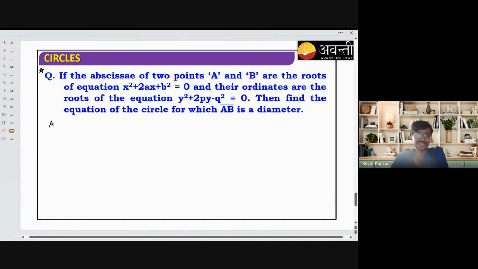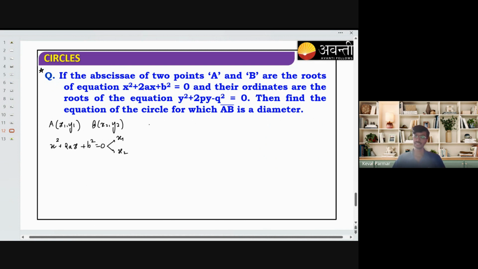That means the point A, let's say, is (x1, y1), and point B is (x2, y2). Correct? So if these are the points, then the abscissa of the two points are the roots of the quadratic equation x square plus 2ax plus b square equals 0, that is x1 and x2.